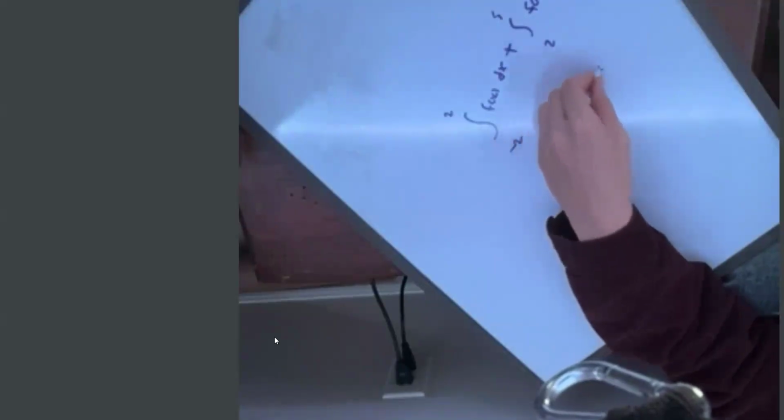This is what I mean by that. If you had something like this, remember this is going from -2 to 2. It's going from 2 to 5. So that means we can write this as a single integral like this, -2 to 5.